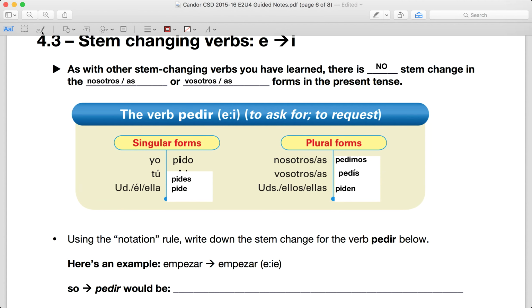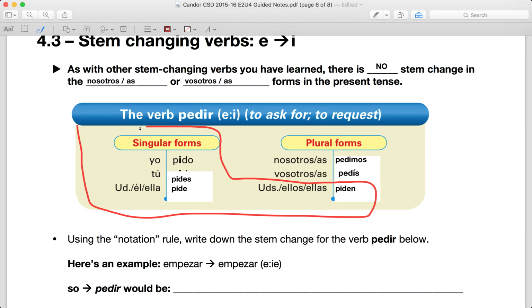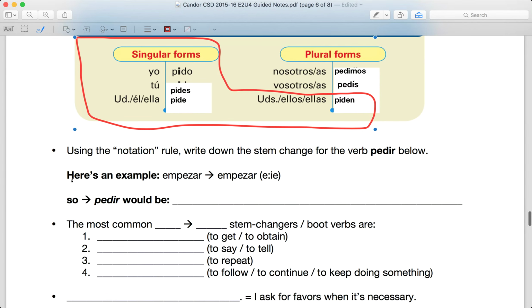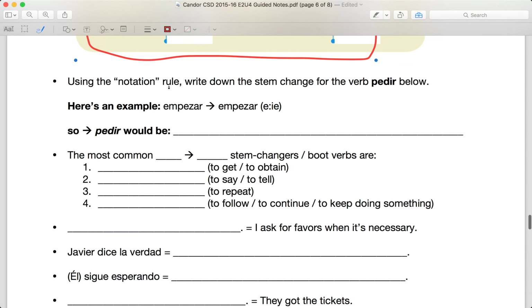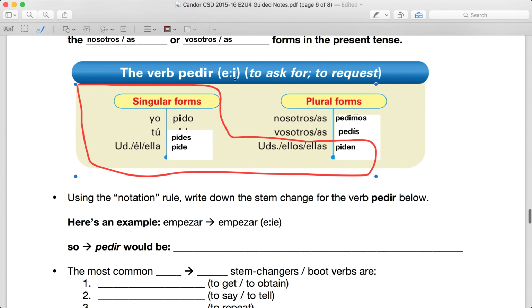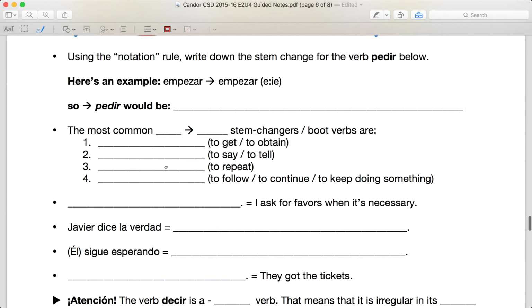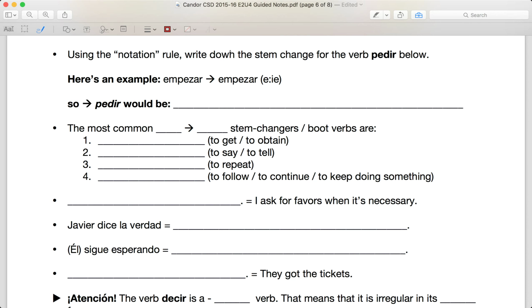And again, if you want to draw the boot, you're more than welcome to. If you just draw the outline of what is stem changing, it will automatically form a really long, but nice boot there. Okay? So this notation rule is basically just the E:I within the parentheses. So we're going to use that notation rule, and write down the stem change for the verb pedir below.